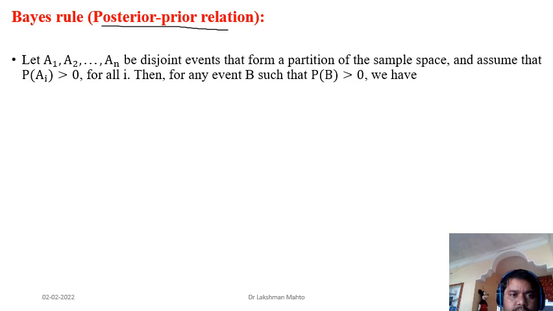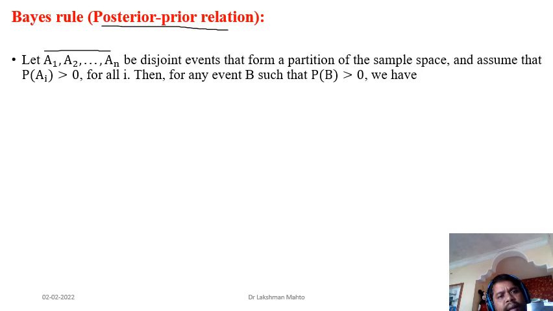That is the concept. Suppose we are having a sample space due to some random experiment. You perform a random experiment, and due to that we have a sample space. For that sample space, we define a partition whose members are mutually disjoint and collectively exhaustive, and assume that each member of that partition definitely has some outcome.